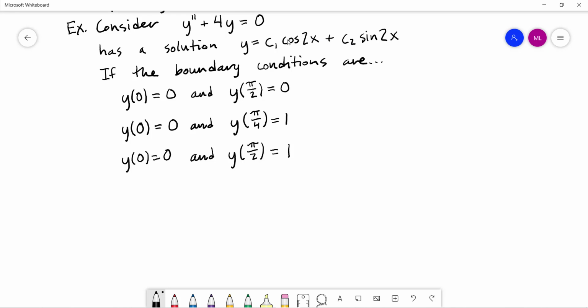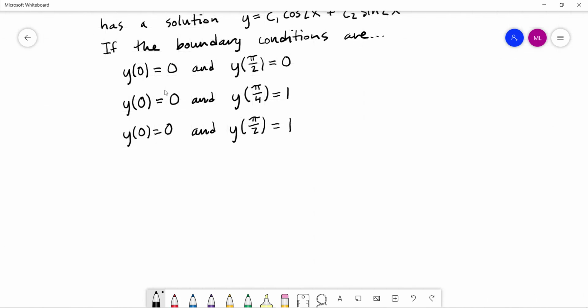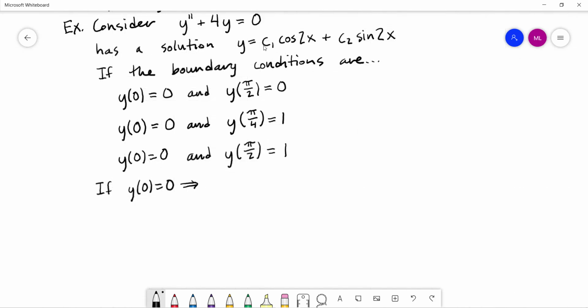Well, I want to think about what this might look like. So what happens if we plug in y of 0 equals 0? So let's plug in this first condition. So if y of 0 equals 0, then our differential equation is this equation right here.